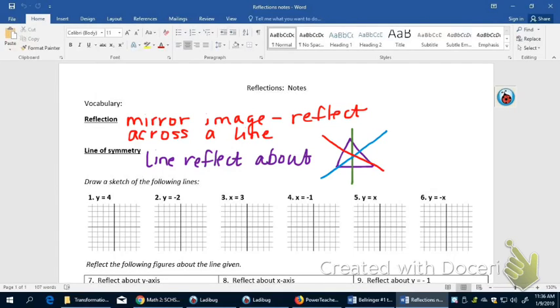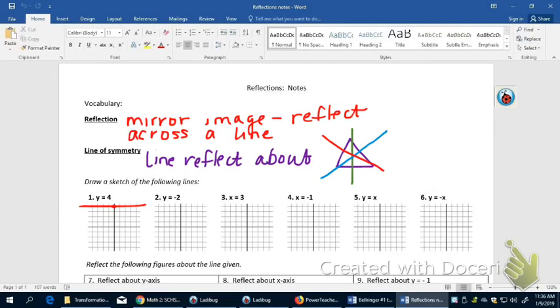If I go to the y-axis at 4, I have that point right there. Well, if I draw a line through it, is it going to be horizontal or vertical? Horizontal, because it's got to go through it. Now, it can go through it vertically, but then it's really going through 0 instead of going through 4. Okay? So that's y equals 4.